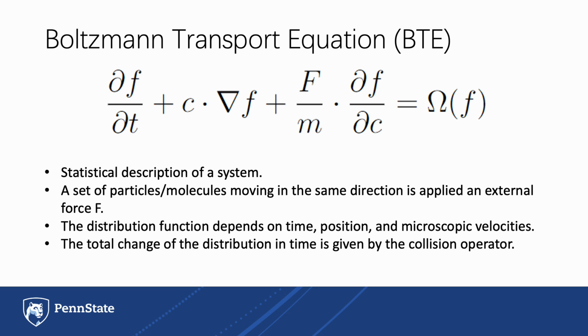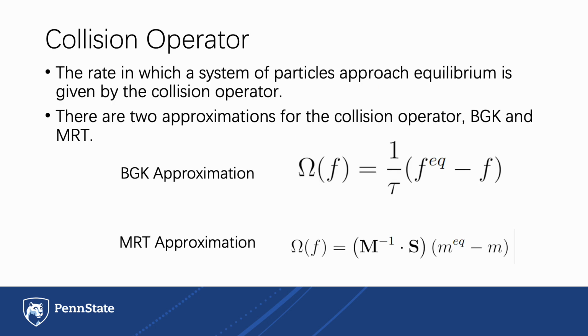So this equation describes how the distribution function evolves in time and space, and also includes the total change given by the process of the molecules colliding against each other. And this is given by the collision operator, which is the rate at which the system's particles approach equilibrium.